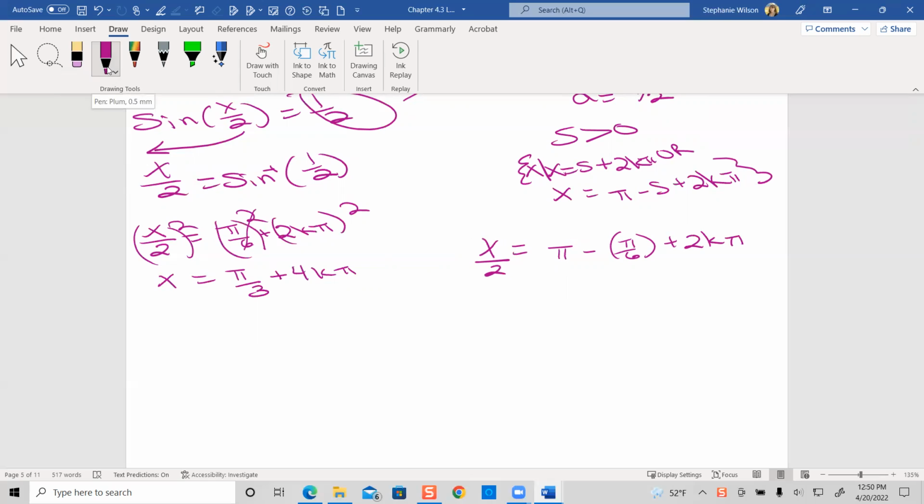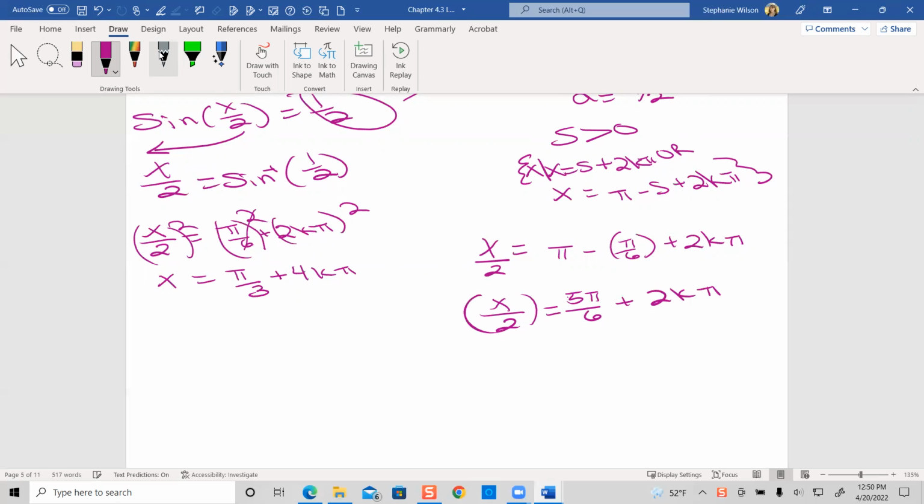So pi minus that pi 6 gives me 5 pi 6 plus 2k pi.